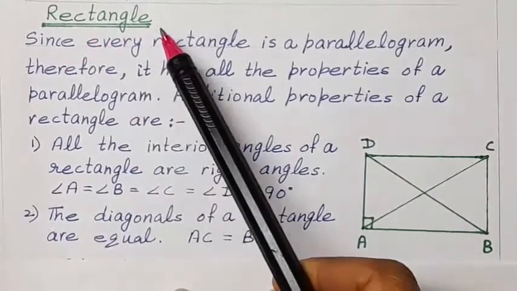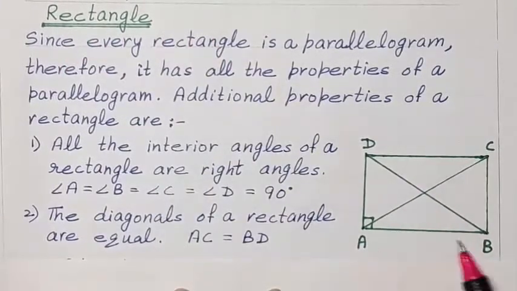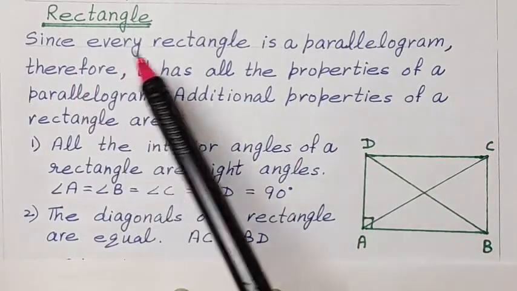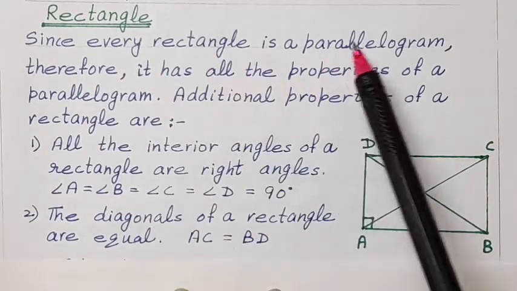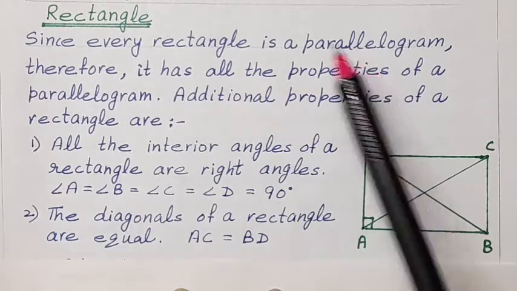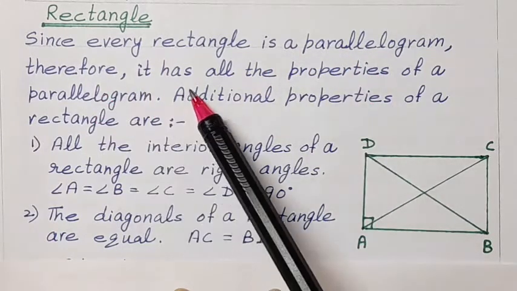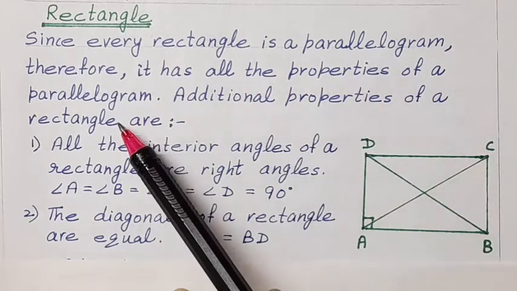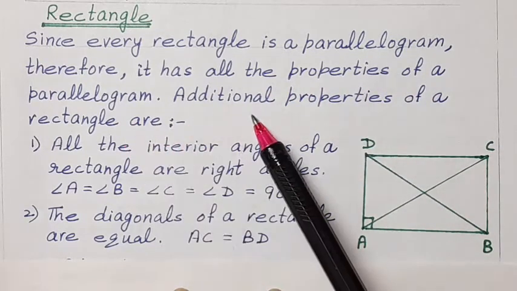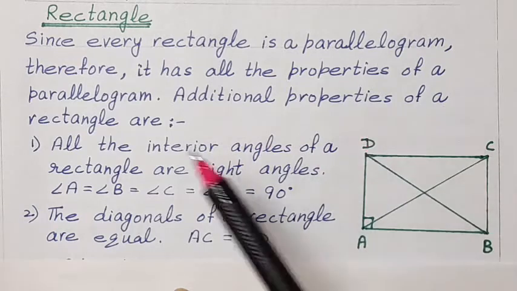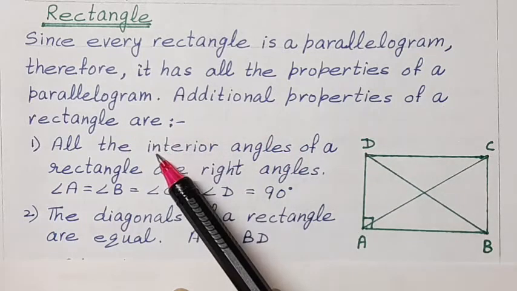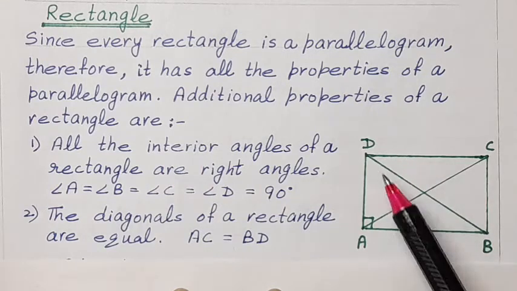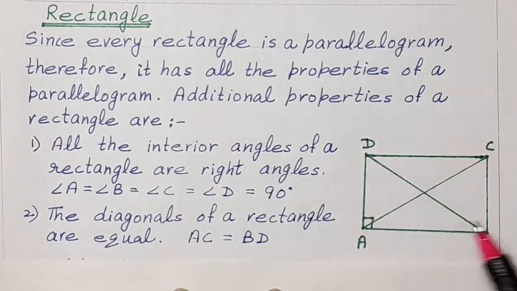First is rectangle. ABCD is a rectangle. Since every rectangle is a parallelogram, therefore it has all the properties of a parallelogram. Additional properties of a rectangle are all the interior angles are 90 degree each.